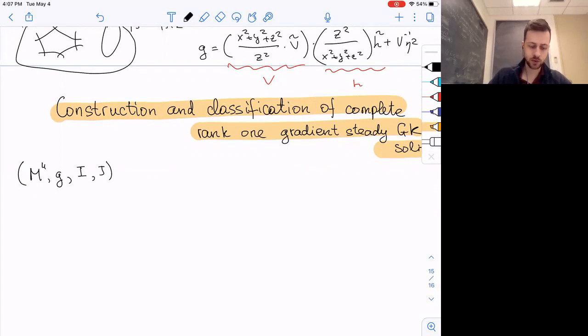There is a metric G and two compatible complex structures I and J, and we have several extra assumptions on this. We first assume that the structure is even, that is, these two induce the same orientation.